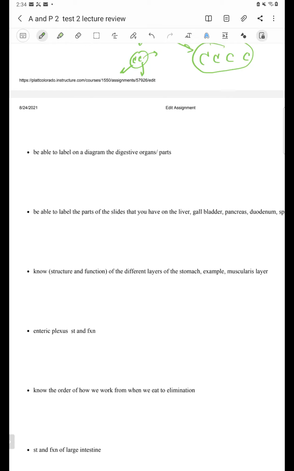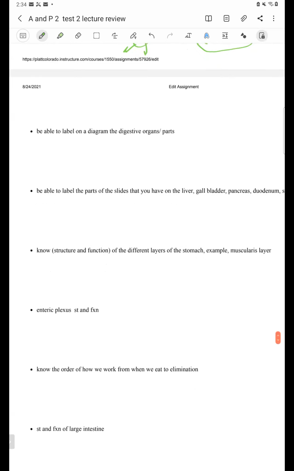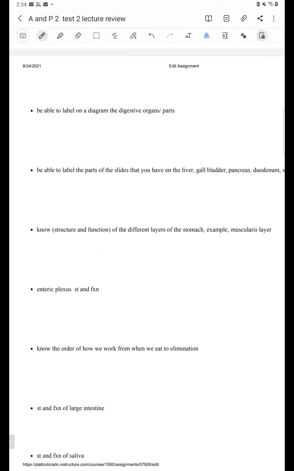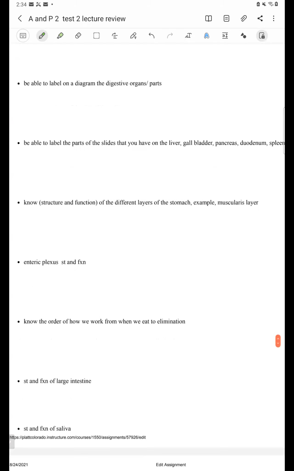They're designed to bite into and break down food. Okay, the esophagus. Those are the different parts of our body that help you move food, which is a bolus and eventually chyme, throughout the body.